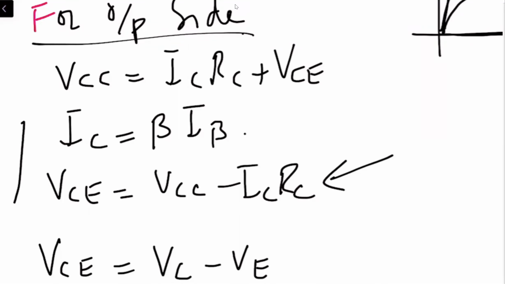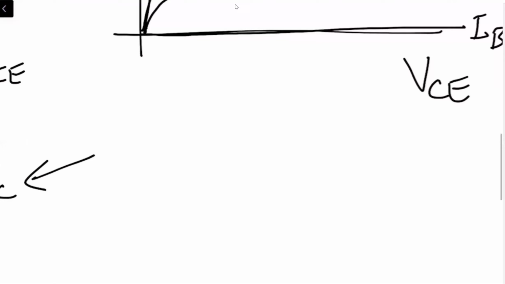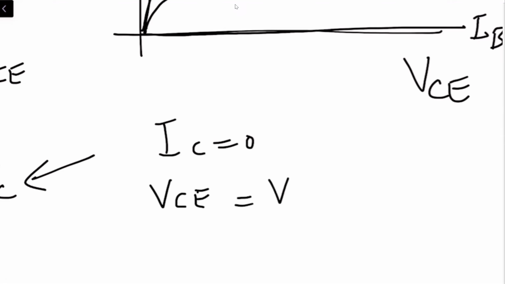So what will be the situation? This means if we put IC is equal to 0, VCE is equal to VCC. Are you with me? Right? So in the equation, if we put IC equal to 0, we will get VCE is equal to VCC.